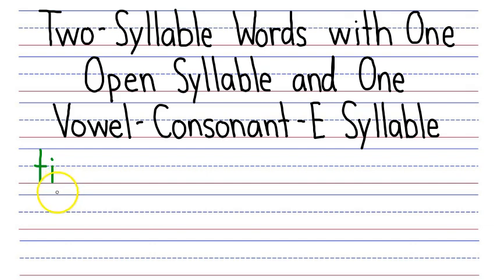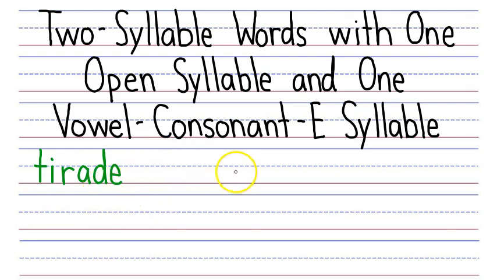It's open. T-I, tie. Raid is spelled with an R that says r, an A that needs to make a long A sound, a D that says d, and a silent final E that makes the A make that long sound. T-I-R-A-D-E, tirade, which is a long, angry speech.